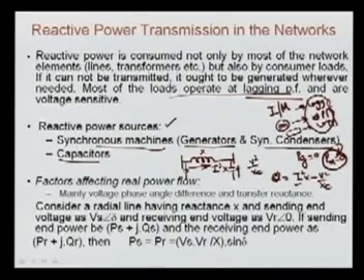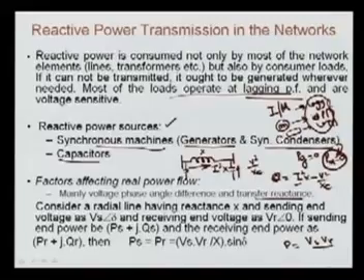The factors affecting the real power are mainly the voltage phase angle difference and the transfer reactance, because we know P is the sending end voltage times the receiving end voltage over X sin delta.